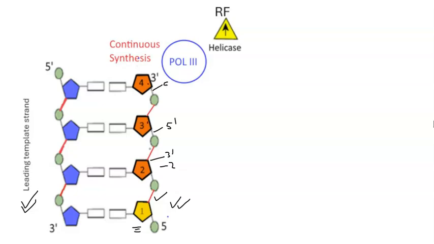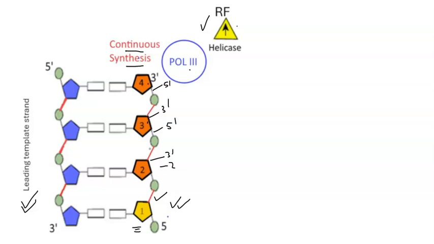So that would be the 5' here and the 3' there. And so the polymerase can maintain its operation following immediately behind the helicase. So we can identify at the replication fork where we have the helicase and the polymerase 3 operating closely together. This is the leading strand, and we continuously synthesize the chain in one smooth movement.